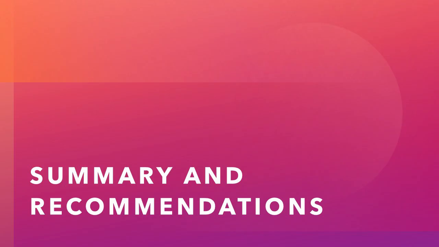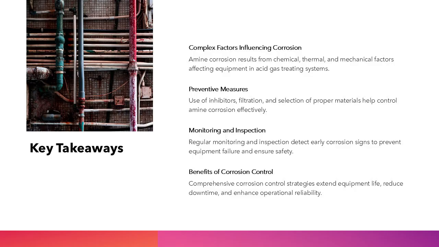Key takeaways, summary, and recommendations. Amine corrosion is a complex phenomenon influenced by chemical, thermal, and mechanical factors. It poses significant risks to equipment integrity and operational safety in acid gas treating systems.